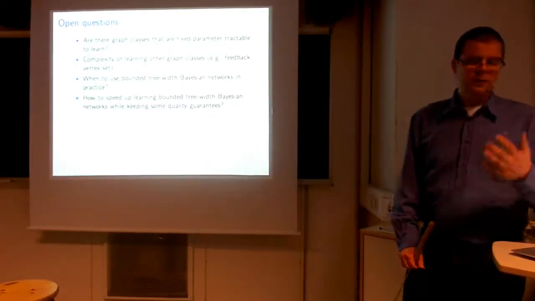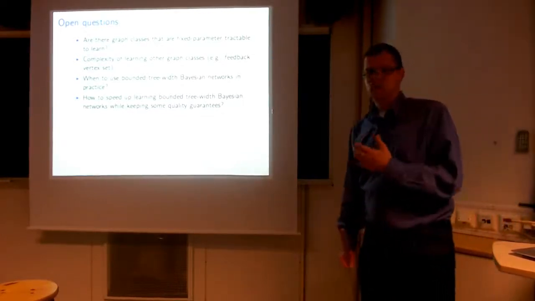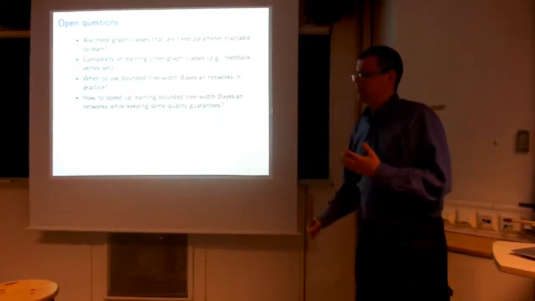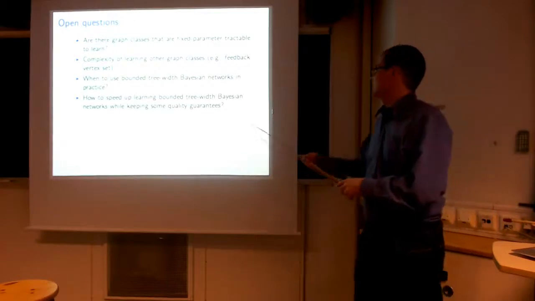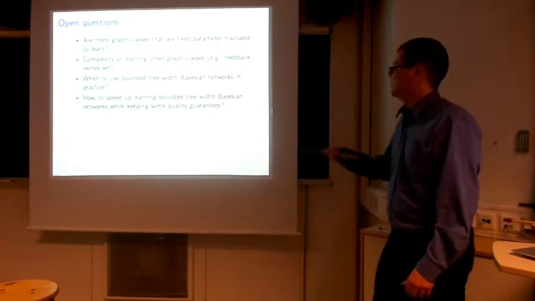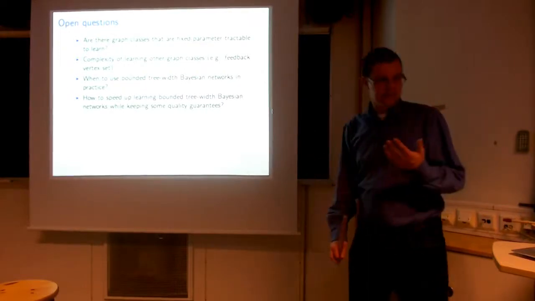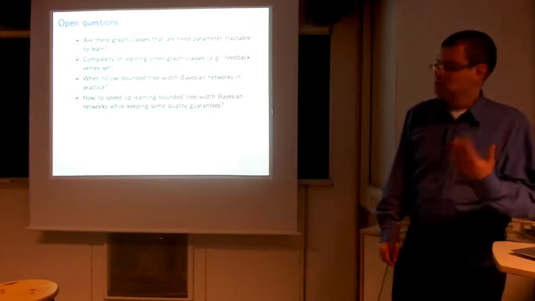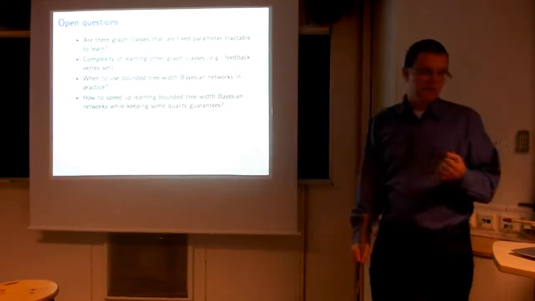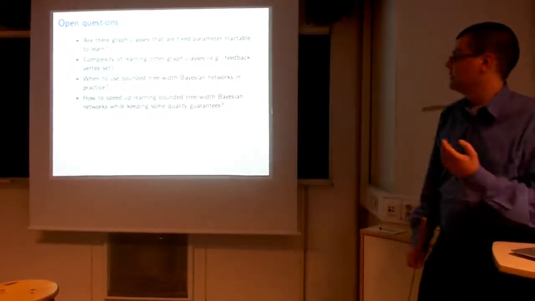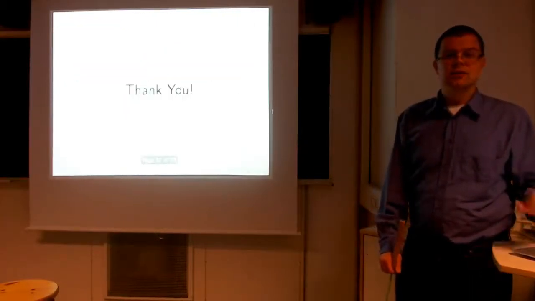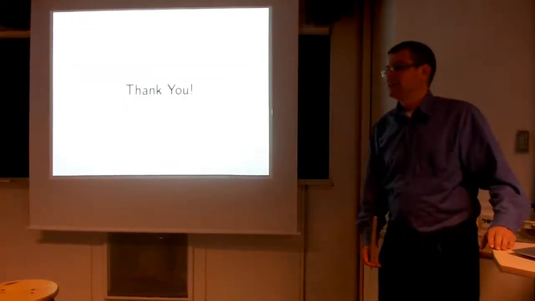Of course, when we have NP-hard problems, there probably comes a point when these exact algorithms don't scale up, so we need to resort to heuristics. But what interests me is whether we could still keep some kind of quality guarantees in these heuristics. So that was all that I had, so thank you.